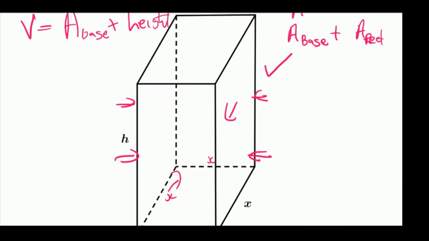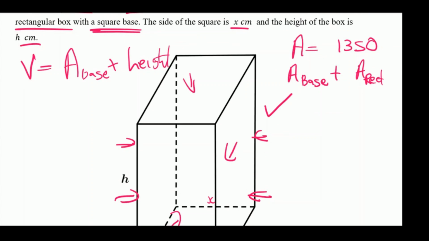And then the base, it's 1, 2, right? So we have 2 bases, 2 areas of base. So this is area plus how many sides of that are rectangular? There are 4. So you're just going to say 4 areas that are rectangular, right?